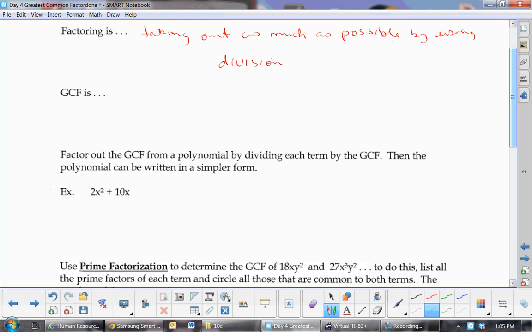So what is the greatest common factor? That's really what it is. Taking out, well, what is the greatest thing that is common between them? Right? So this makes the most sense out of anything. It is the greatest common and underlying common factors between all the terms.